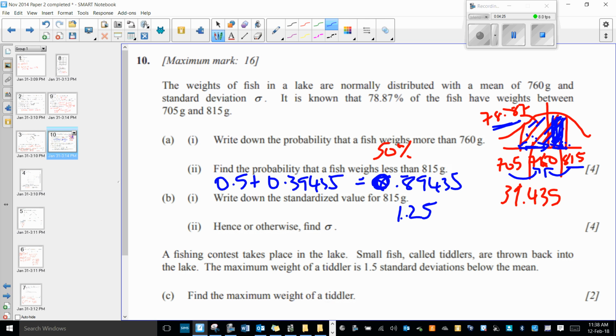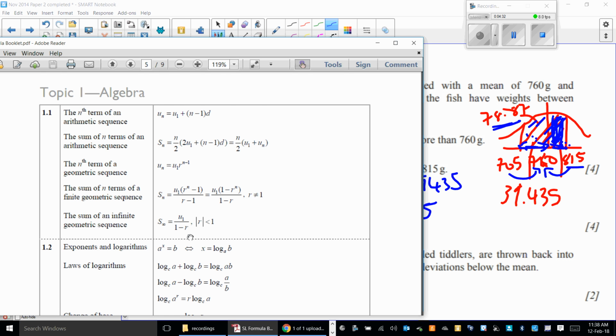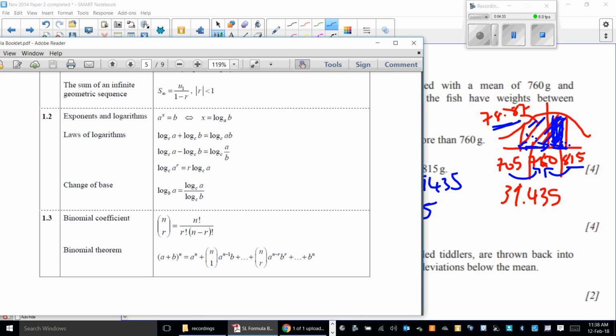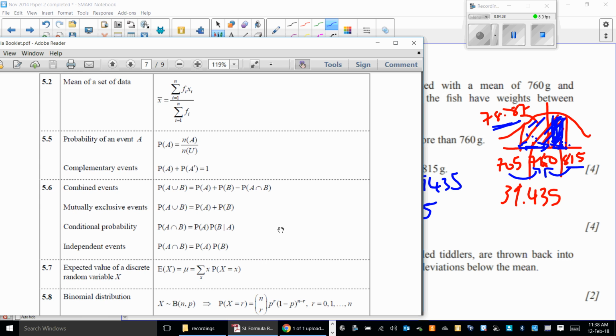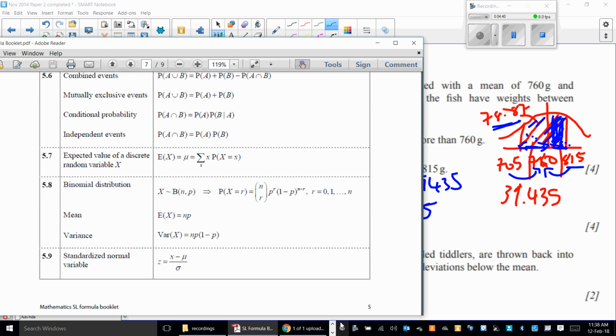Okay, hence or otherwise find the standard deviation. So, reminding ourselves of this formula here.